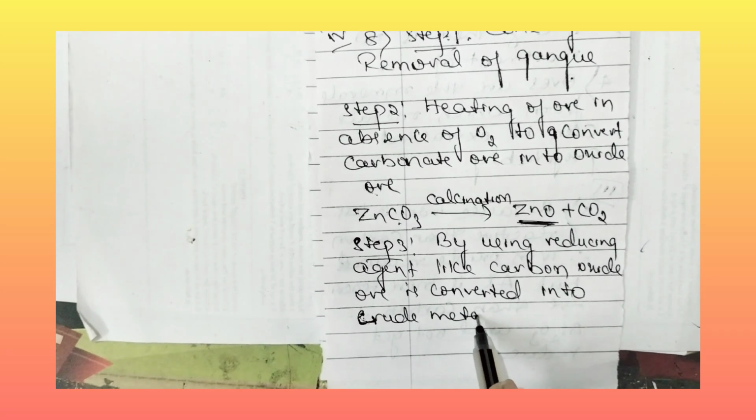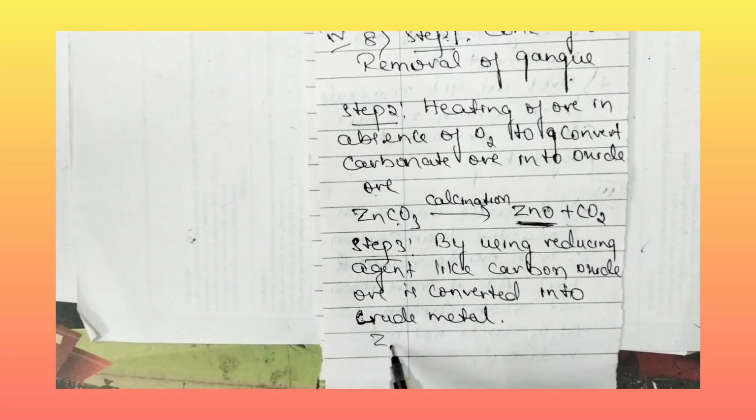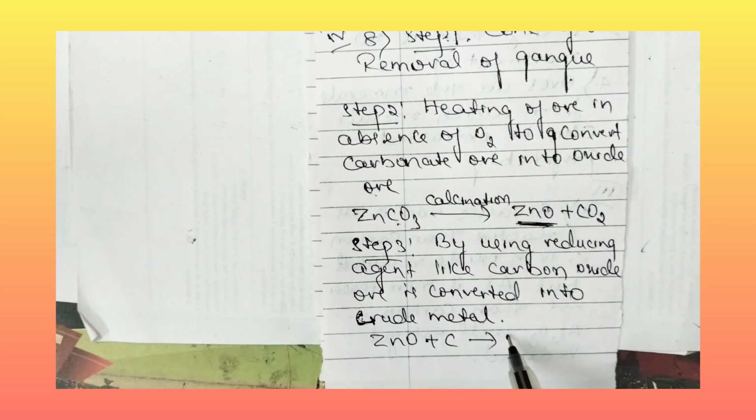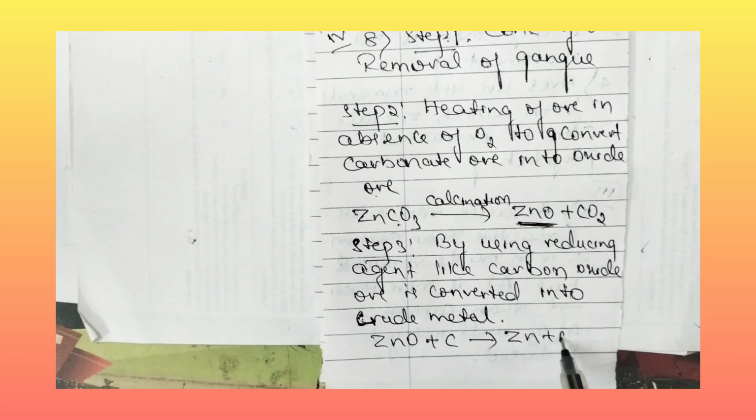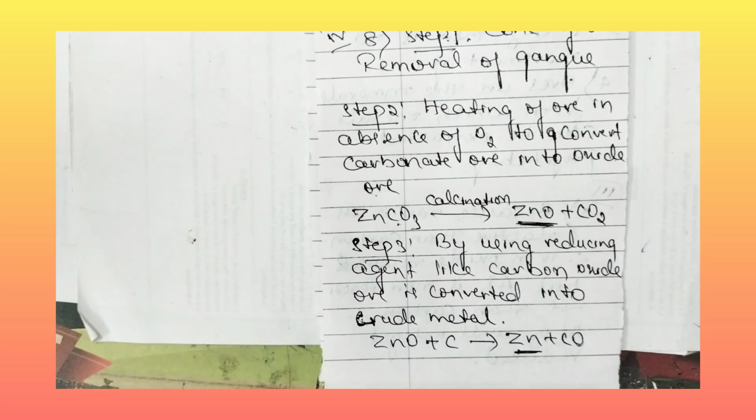So ZnO plus C gives Zn plus CO. Here the zinc we got is not 100% pure. To get 100% pure zinc, we have to go for purification. Like this, we get zinc from zinc carbonate. Now let us move to question number 9.